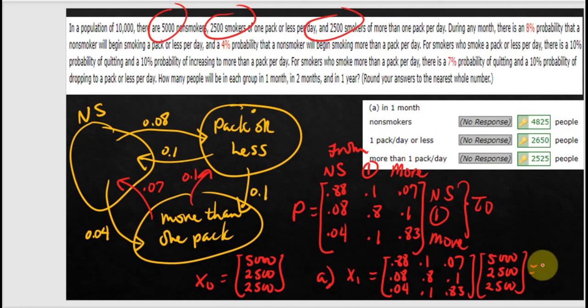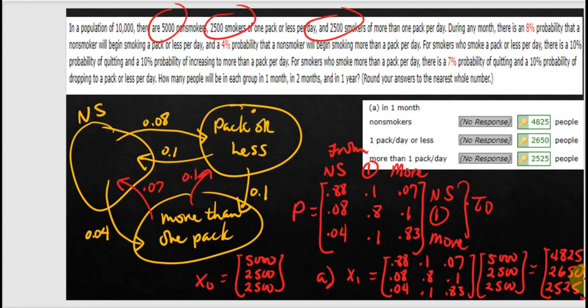Now, I put that in my graphing calculator, I get 4825, and then 2650, 2525.